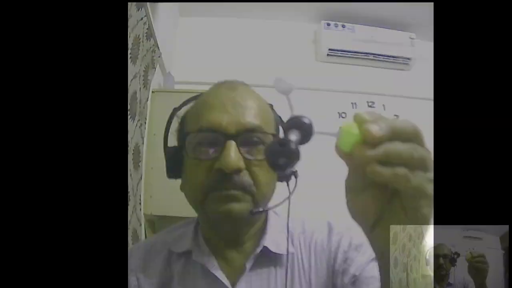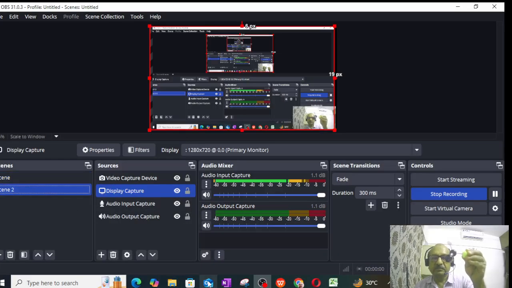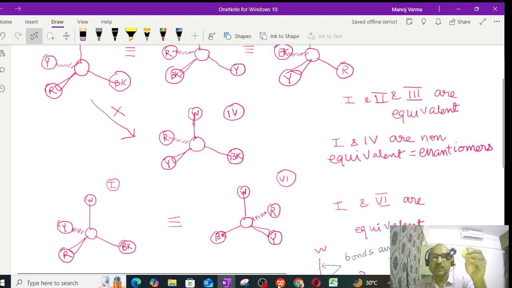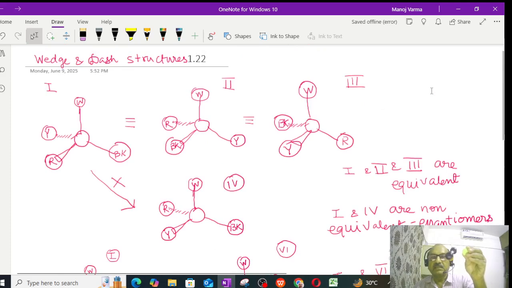See this. Now it's the same molecule, but now you have got the white and the yellow in the same plane, so the black goes here and the red goes here.